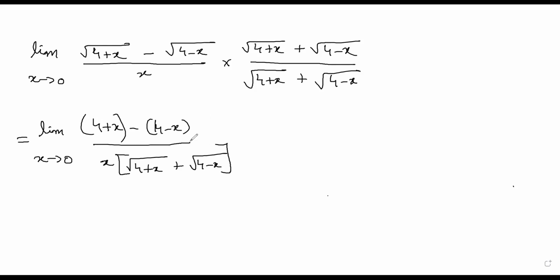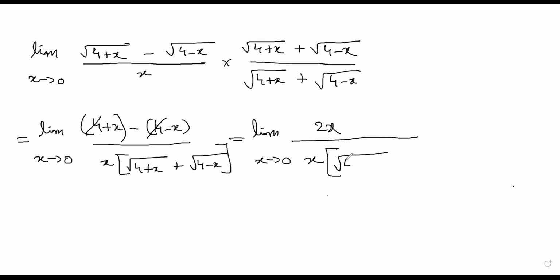So 4 minus 4 becomes 0. x plus x is what you have, minus of minus x is plus x. So x plus x is 2x, whole divided by x into root of 4 plus x plus root of 4 minus x. This is what we have.